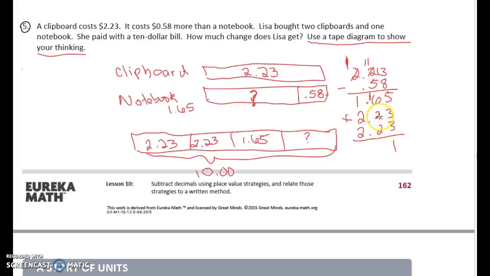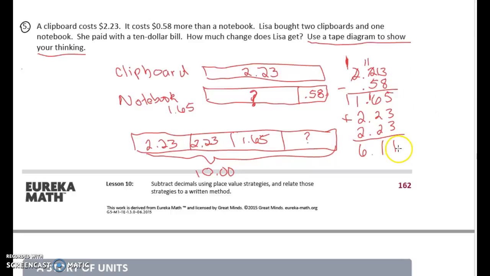We go 2 plus 2 is 4. I know 4 plus 6 is 10. That 1 is going to make for an 11. And again, we got to carry it over. 2 plus 2, 4, 5, 6. So $6.11 is her total.